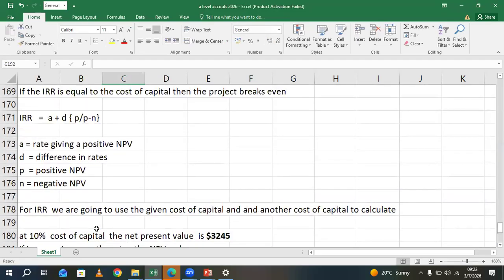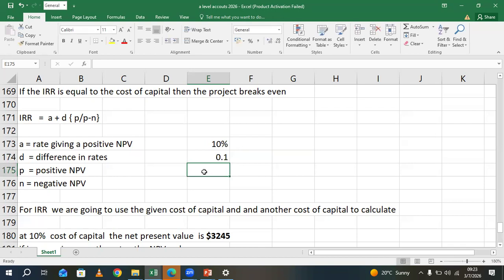If we come here, the rate giving us a positive NPV is 10%. The difference in the rates, if you say 20 minus 10, because we've used 20% and 10%, the difference in the rates again is 10%.